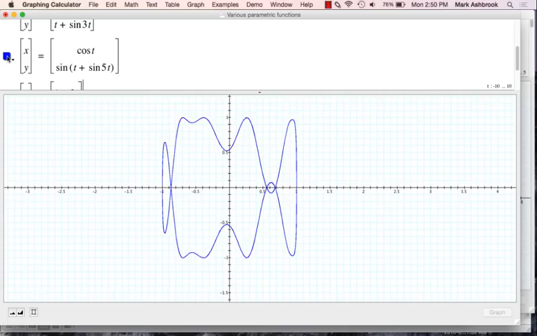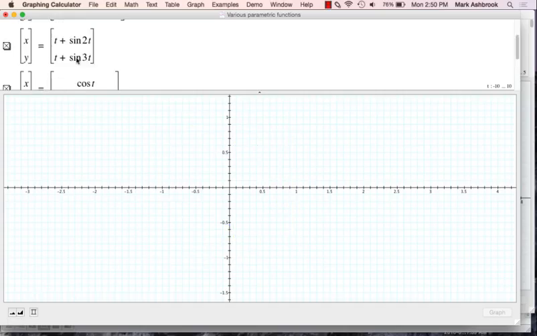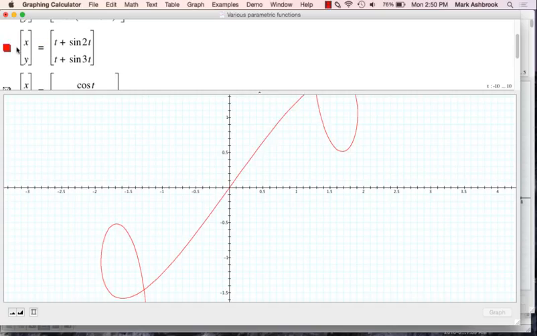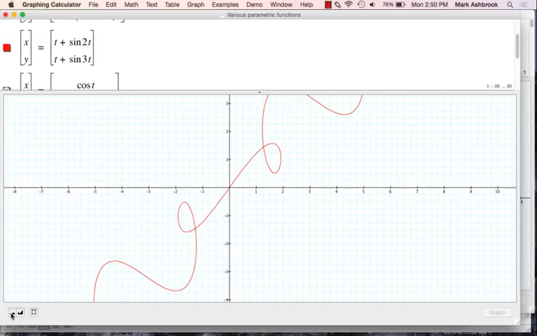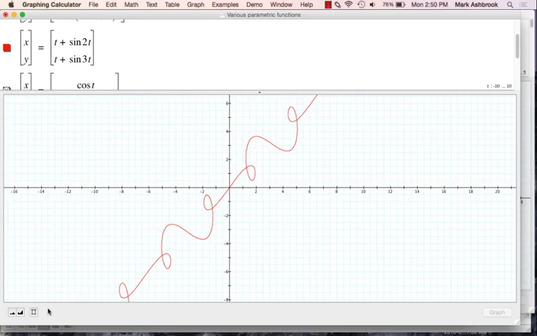That's cool. Here's one more fun one. It's not that complicated, right? So t plus sine of 2t, t plus sine of 3t. It's not super complicated in terms of each one individually.